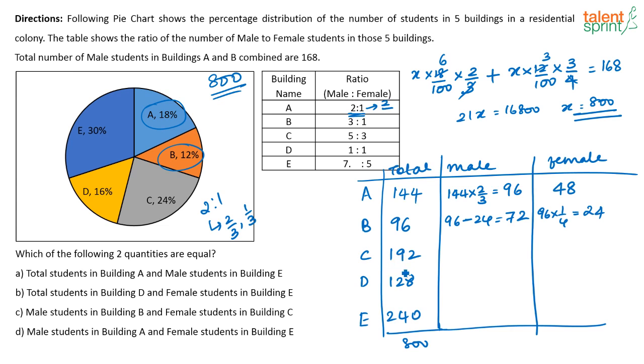Next, 192 people are there in building C, and how many male and female are there? So 192 into 5/8 will be the number of male members, and here it will be 192 into 3/8.